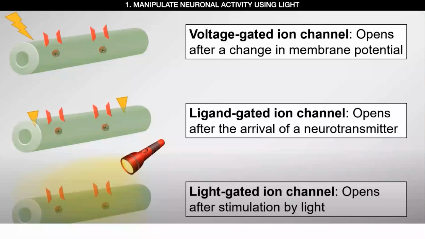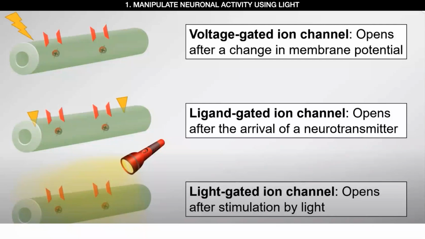The voltage-gated ion channels open after a change in the membrane potential. The ligand-gated ion channels open after the arrival of a neurotransmitter, for example. And the light-gated ion channels open after stimulation by light.